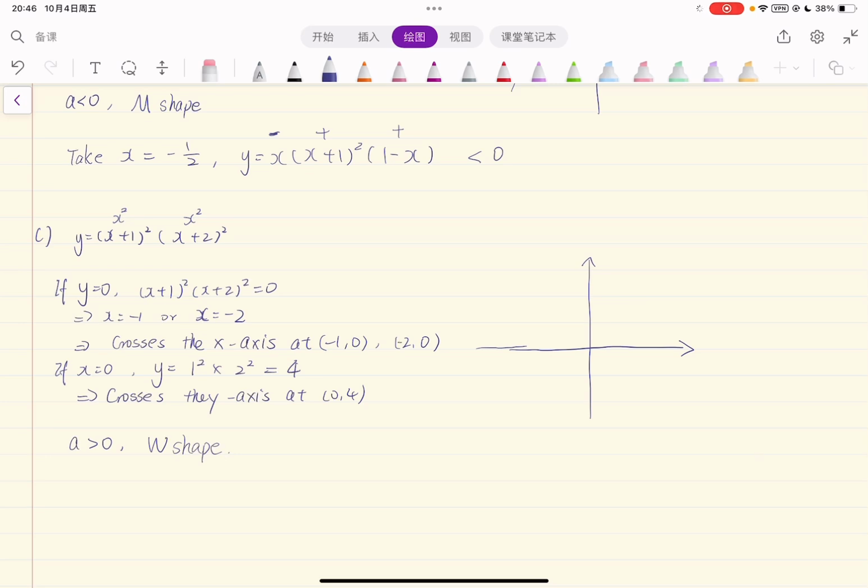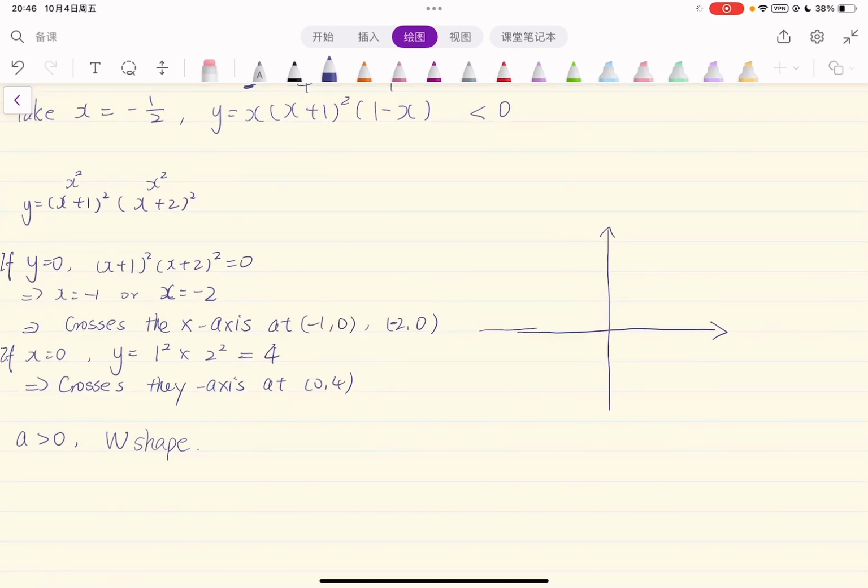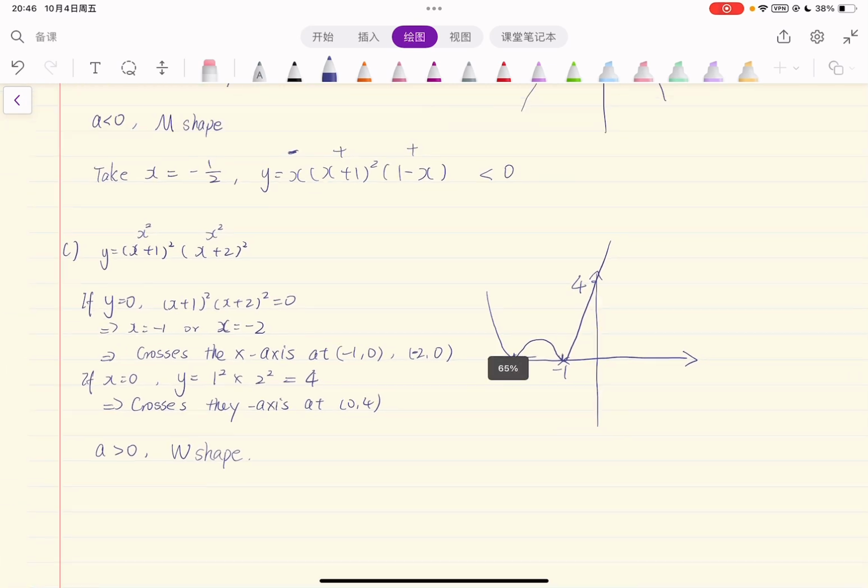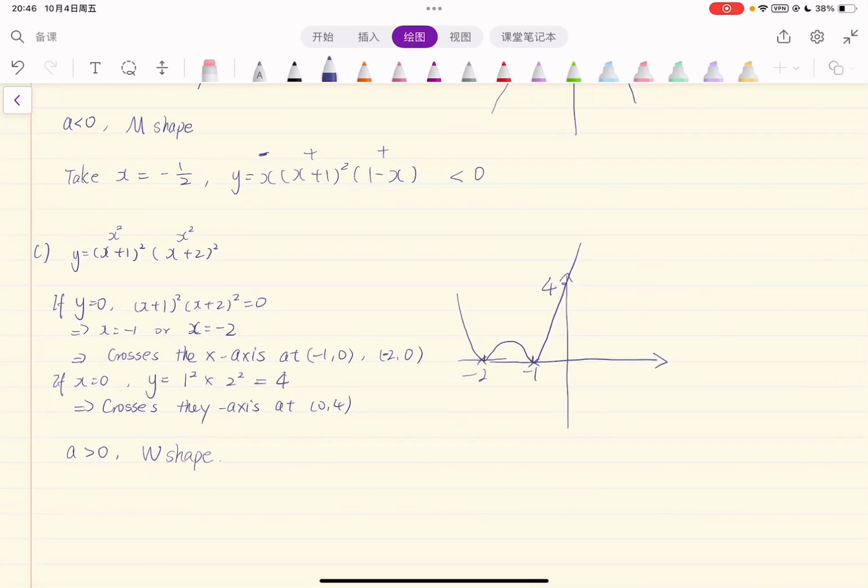Oh sorry, here is minus 2. So minus 1, minus 2, and it crosses the y-axis at 4, so probably over here. It's a W shape, so we can draw it like that. So that is the sketch.